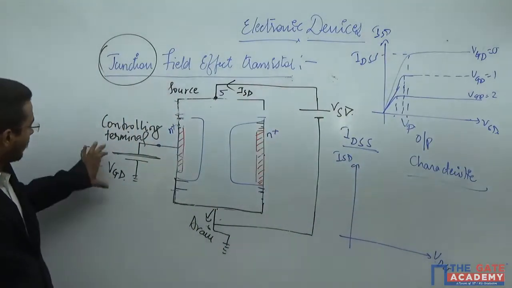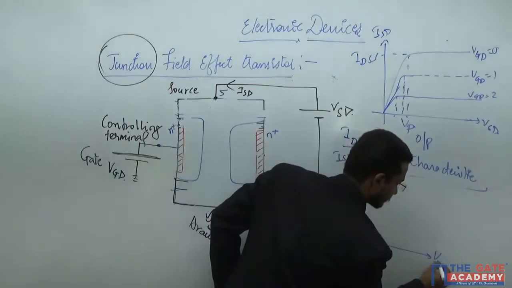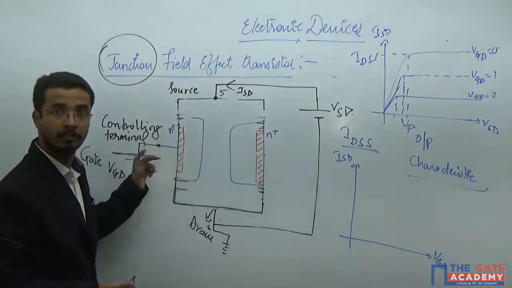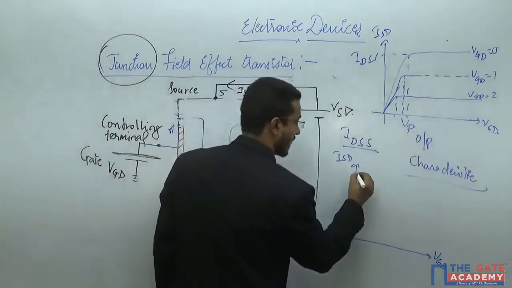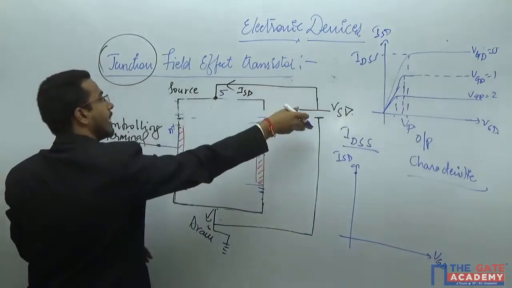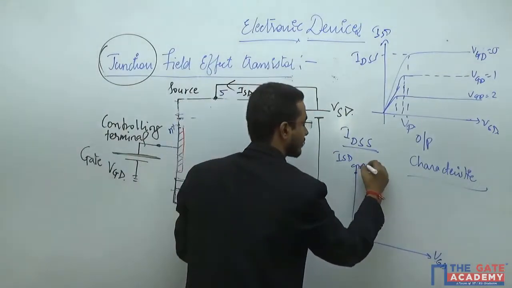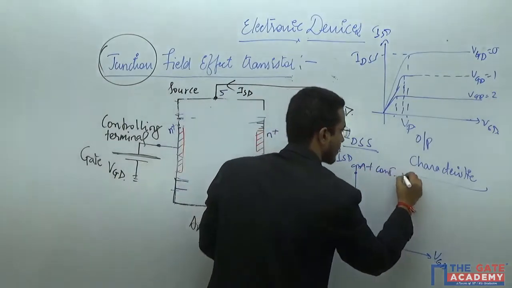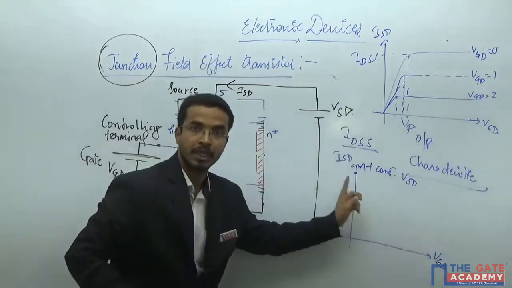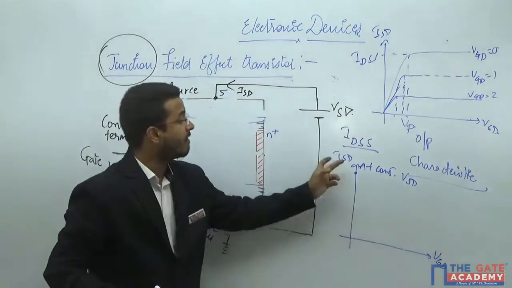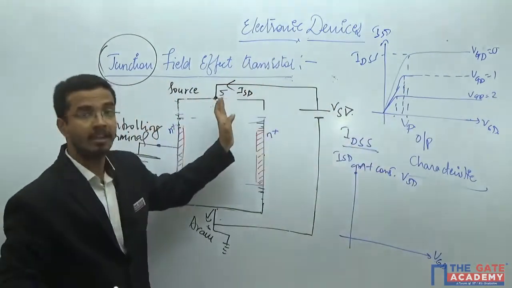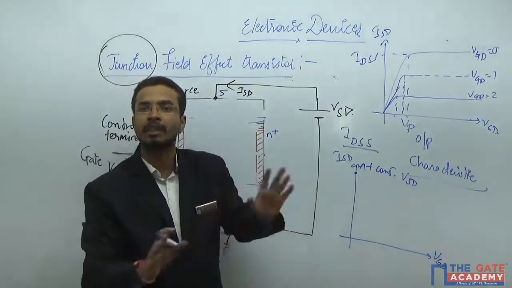You know that if the value of the VGS is 0, the current will be maximum, because the entire area you are having, and this will be at constant VDS. You do not have to think that you are applying only these two. You are studying the behavior of the current with respect to this under a certain voltage of the VDS. Because if the VDS is missing, you will not get any current.